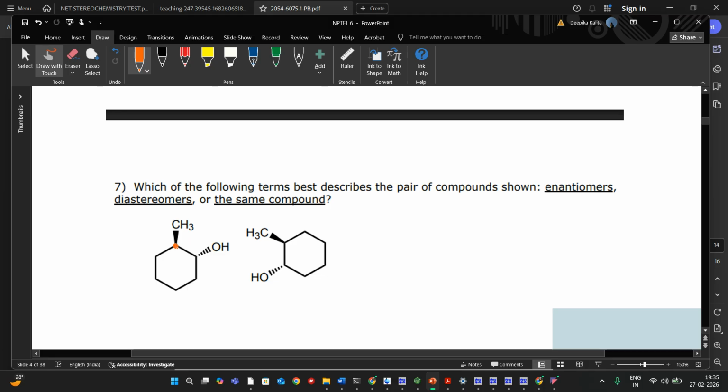First, for this center, this will get the first priority, this will get the second, and this will get the third. So the first center has R configuration, and for this one, this will be 1, this will be 2, and this will be 3. So the second one is also R configuration.